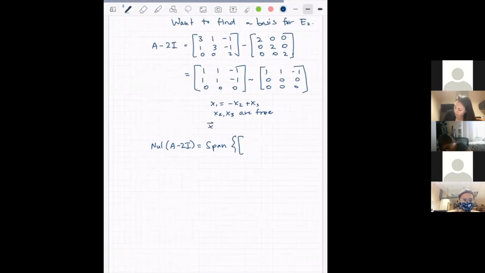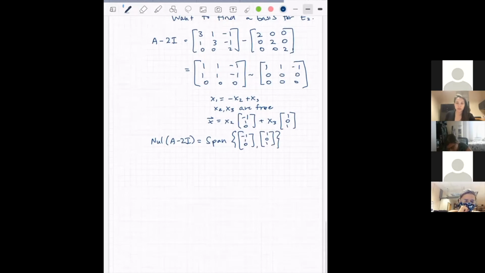So x will be equal to x2 times negative 1, 1, 0 plus x3 times 1, 0, 1. Right? So this will be equal to the span of those two vectors.